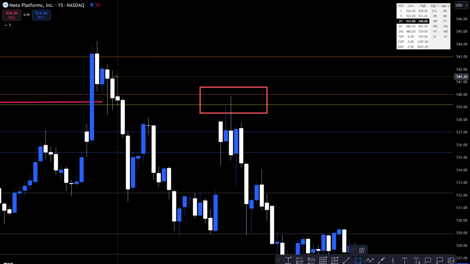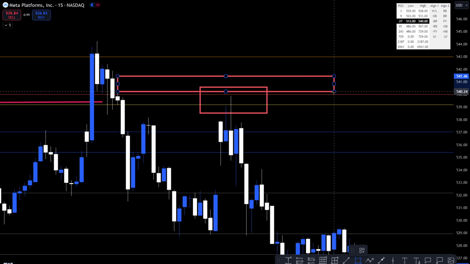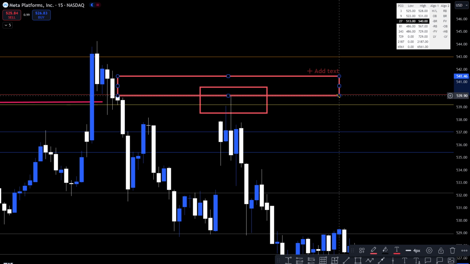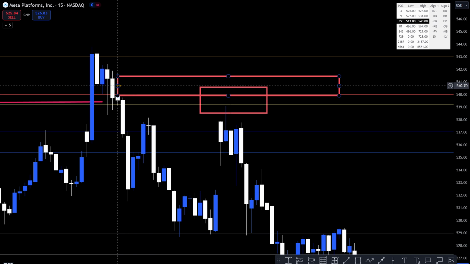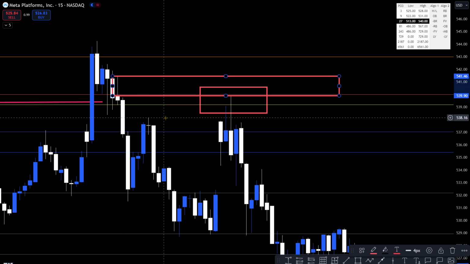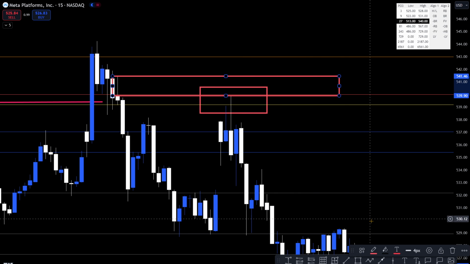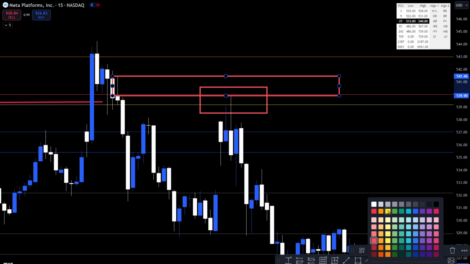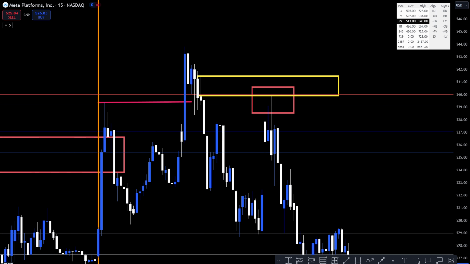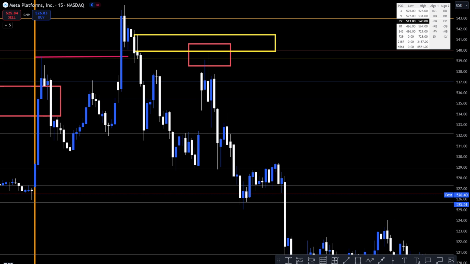Right in that rejection block area, what I do personally, I like to draw a flag out of it. So I make that little wick here into a flag, and that's normally my rejection block. I do it that way. Hate on me if you want to. That's how I like to do it. Makes me money.